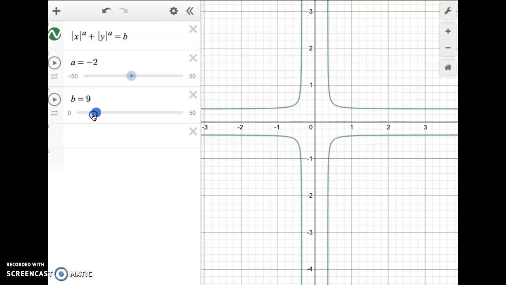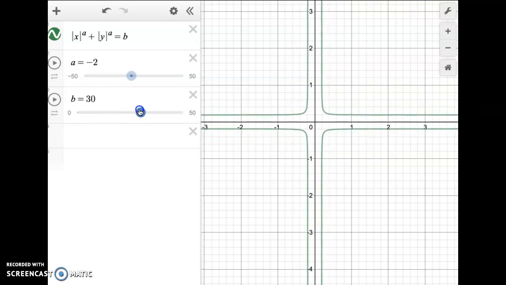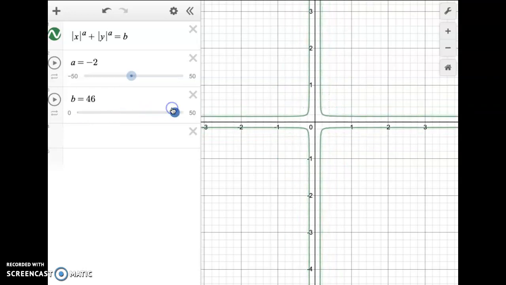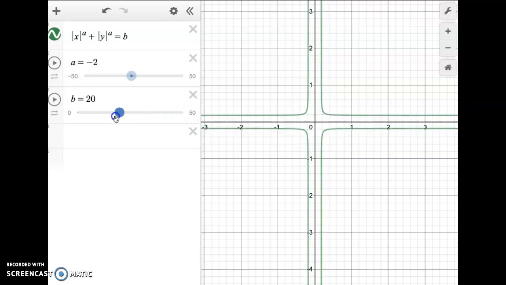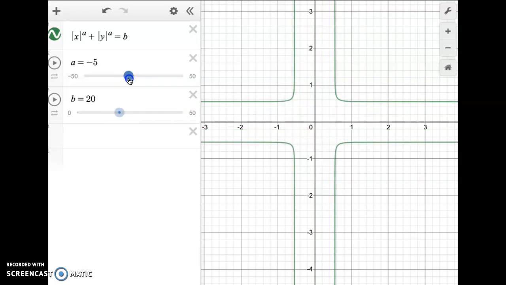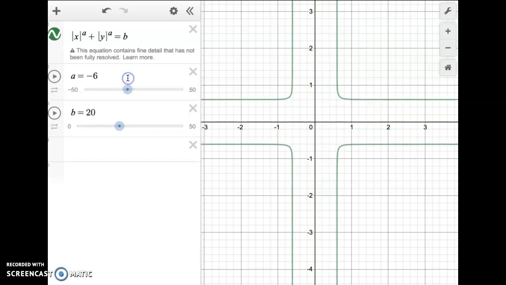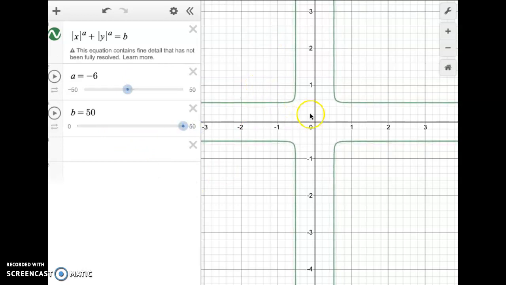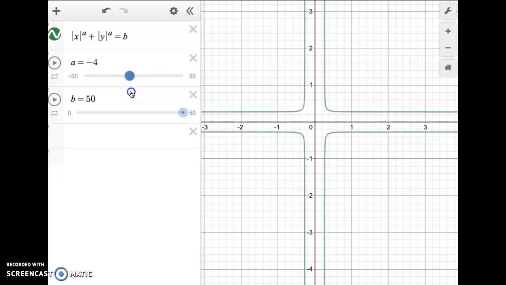So here we see that it's actually shrinking towards the middle the greater that b becomes. And we'll see if this applies for the other evens. And we see that it does, in fact, continue to shrink in towards the origin. Now, the question is, does this happen for the odds as well?